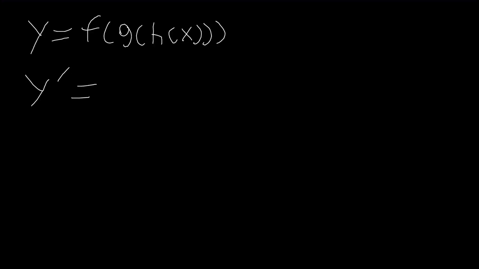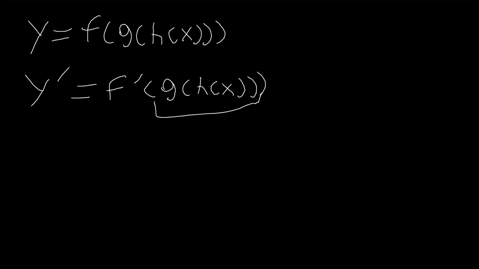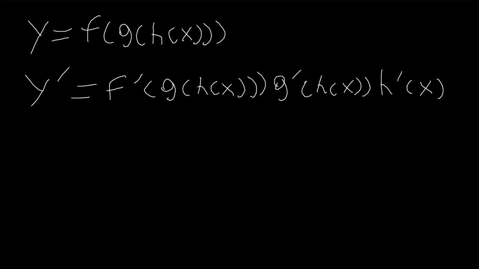Y prime would be f prime of g of h of x, where you differentiate the outside and keep the inside the same, and then you multiply by the derivative of the inner outside function, which is g, while keeping the innermost h of x the same, and then multiply by the derivative of the innermost function, h prime of x.